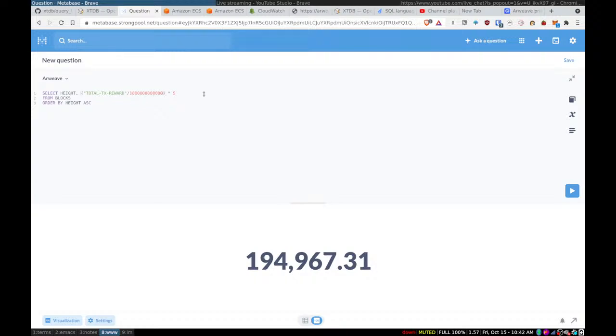Let's do this. So we'll take the total transaction reward times 5 minus, I don't really need the parentheses there, I'm just doing it for clarity, minus total transaction reward. I guess I could derive this from the increase in the endowment pool too.